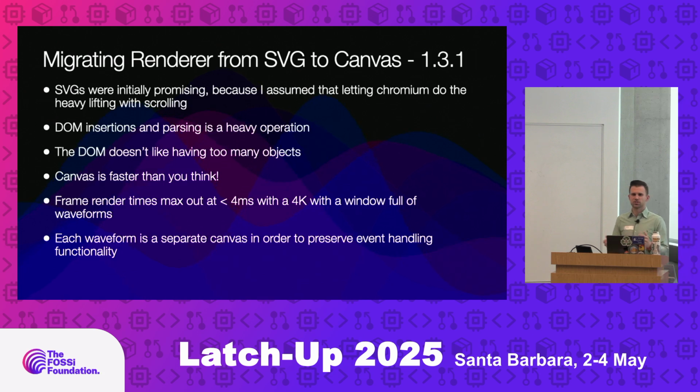Also, the DOM just doesn't like having a bunch of objects, and SVGs create a whole bunch of HTML objects that make it really hard for the DOM to process. Canvas was a lot faster than I thought it was. I was afraid that having to render the waveforms for every little chunk of the scroll would be really heavy, but it turns out that frame render times are really, really fast.